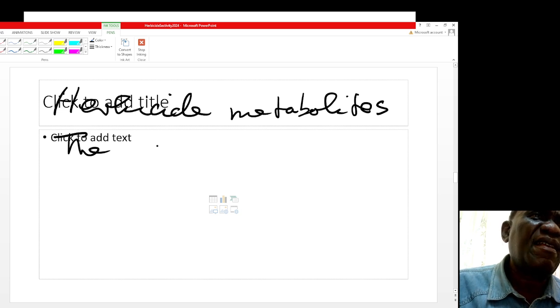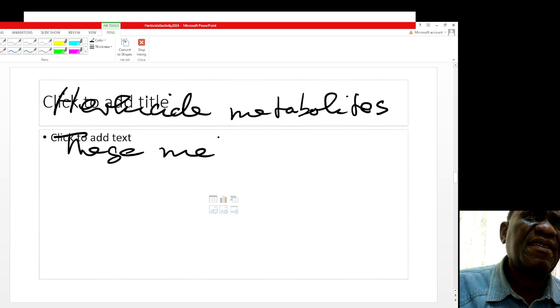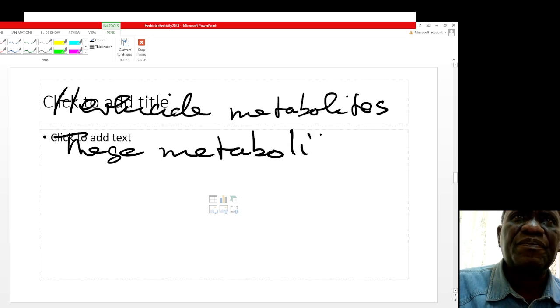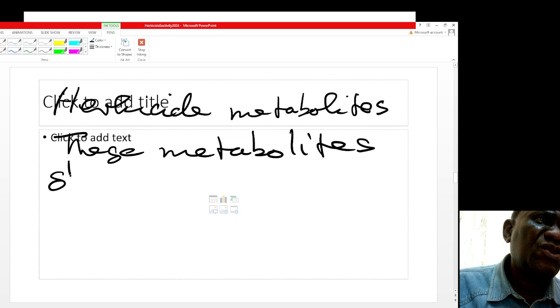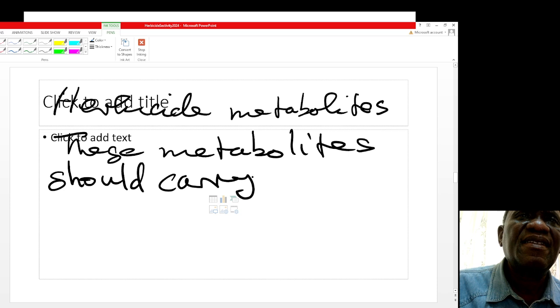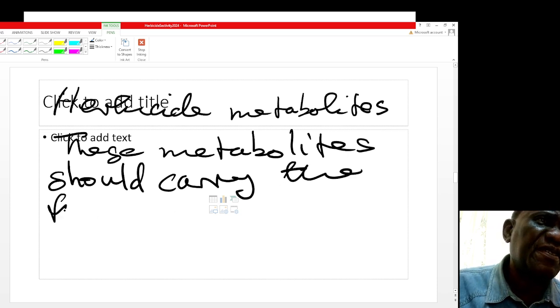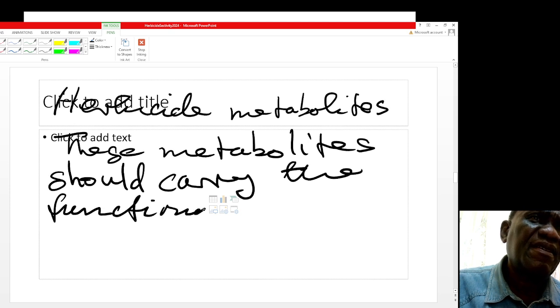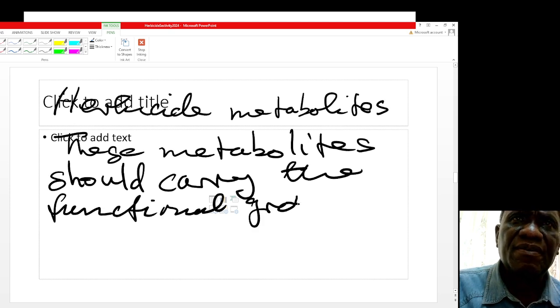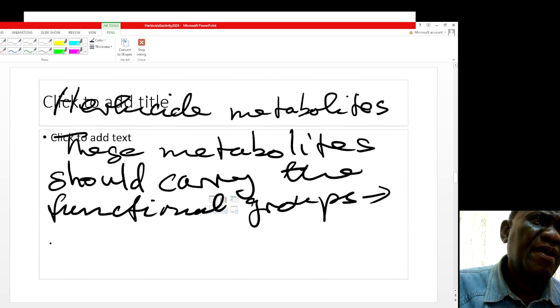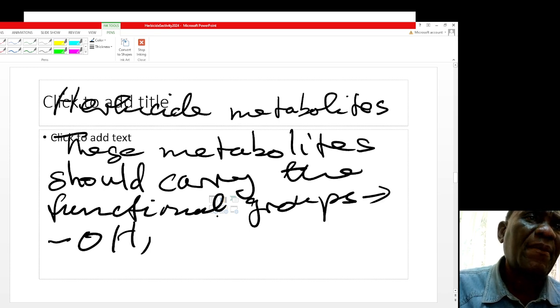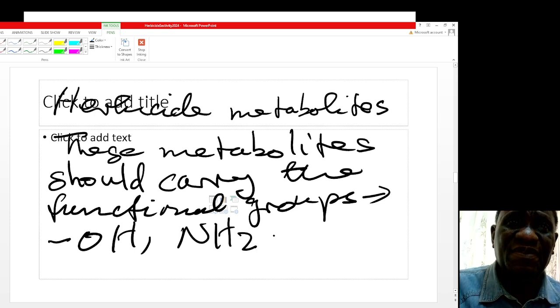So these metabolites should carry the following functional groups: the OH, NH2, and COOH.